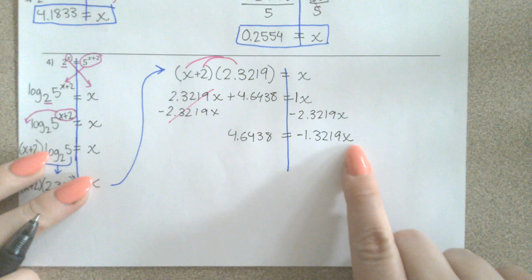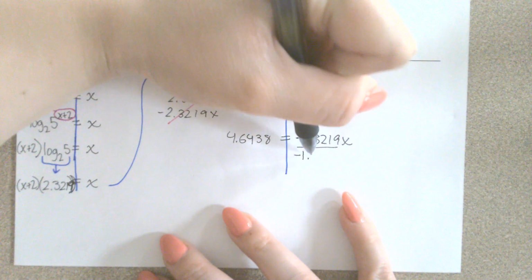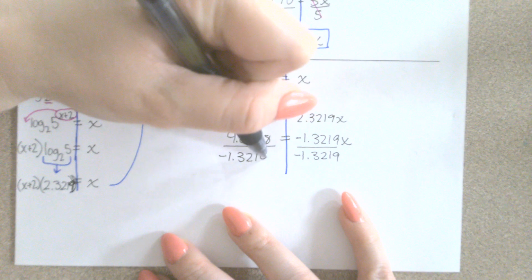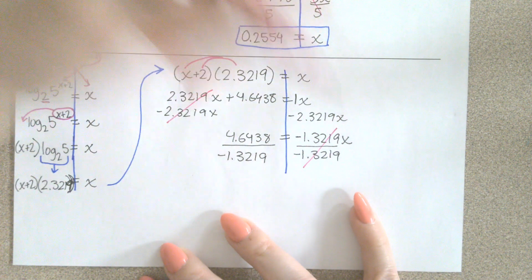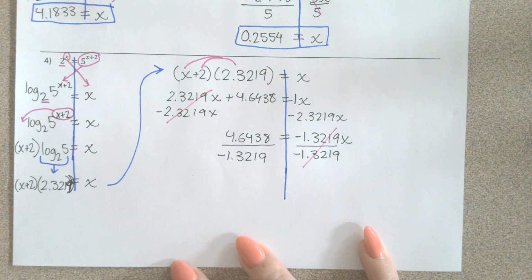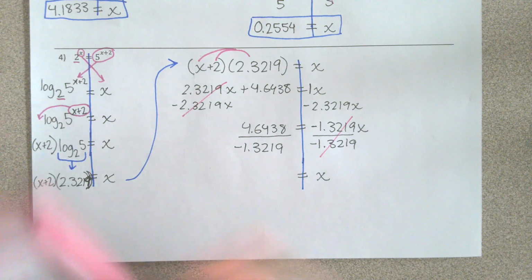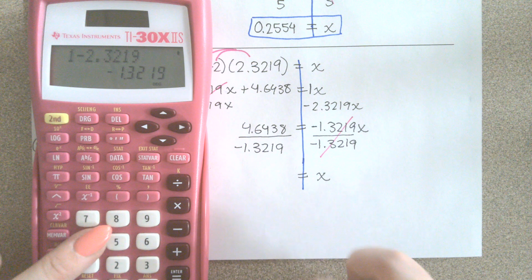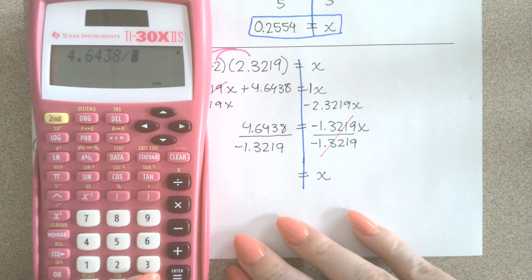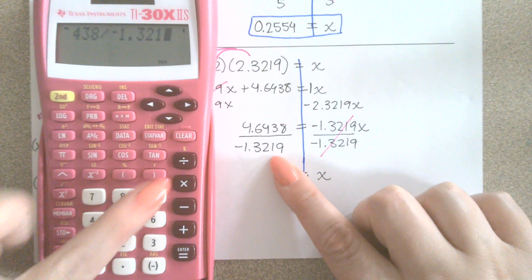Last step. We need to get the x by itself, so we'll divide the number off the front of it. 4.6438 divided by negative 1.3219. That cancels on the right side to get the x by itself. And then calculator to get our final answer. 4.6438 divided by negative 1.3219.